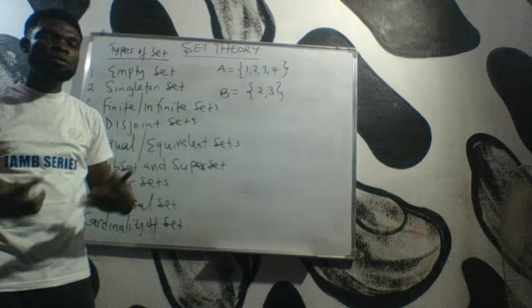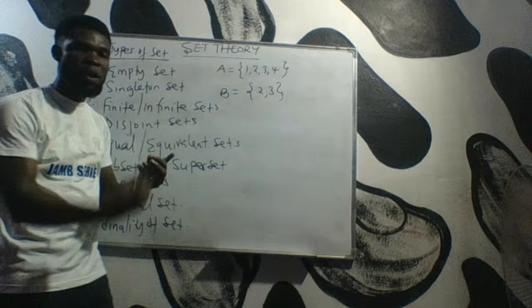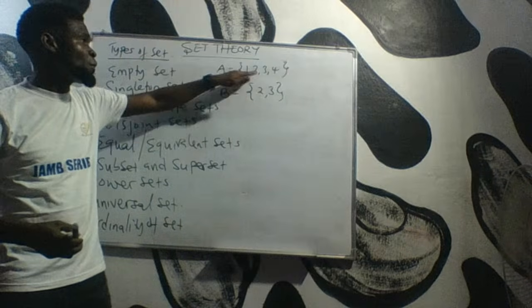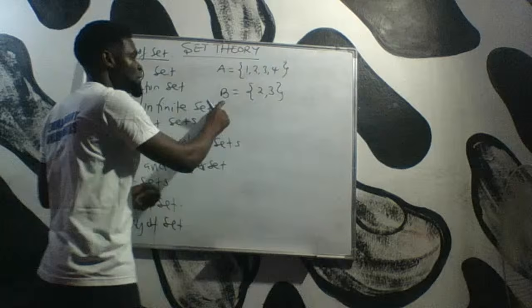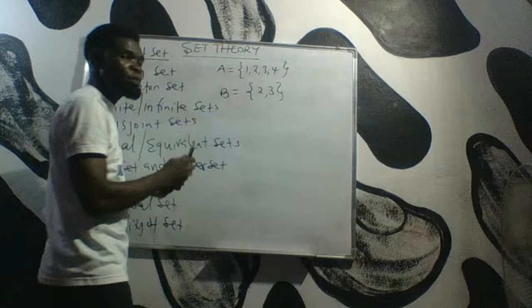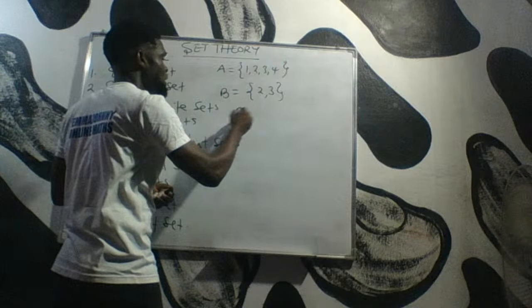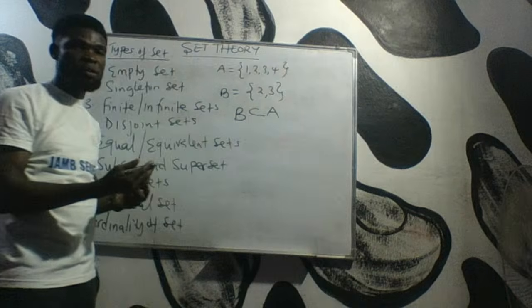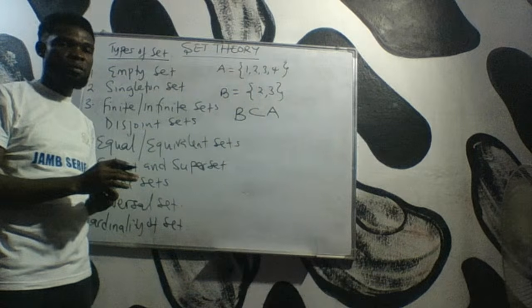So when we talk about subset, we're talking about a set that is derived or gotten from another set. So set B is gotten from set A. Therefore, we now say that B is a subset of set A. Mathematically written as B ⊂ A, just an elongated C, which is the symbol for subset.